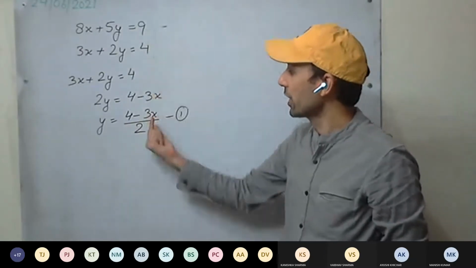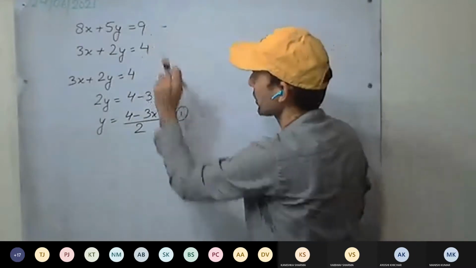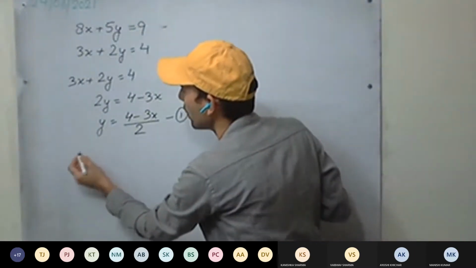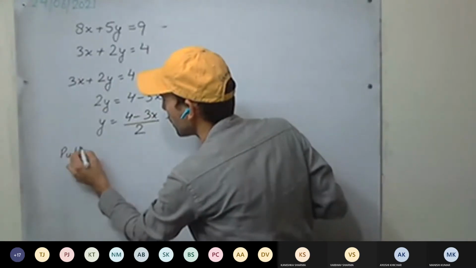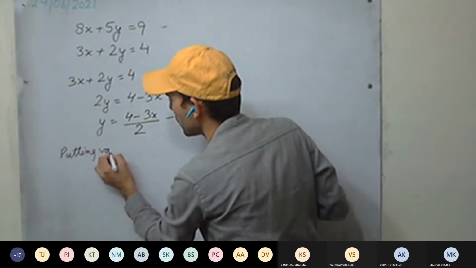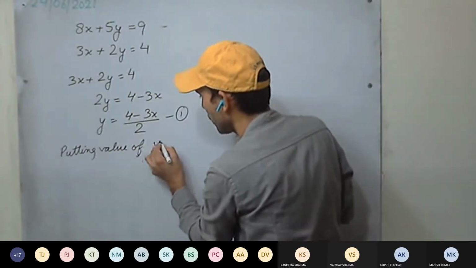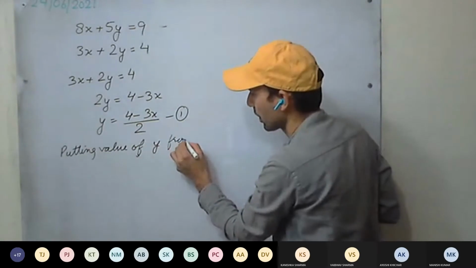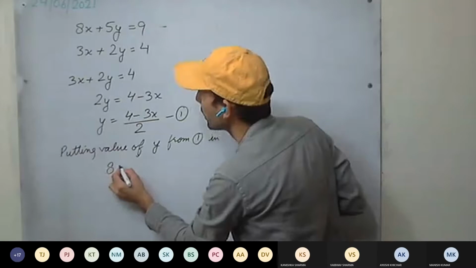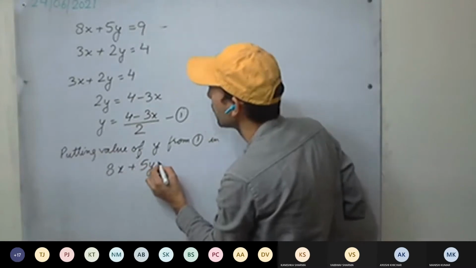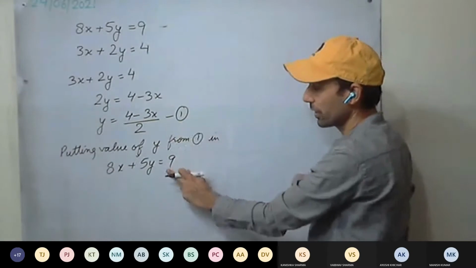Now we are going to put the value of y from the first equation into this equation.